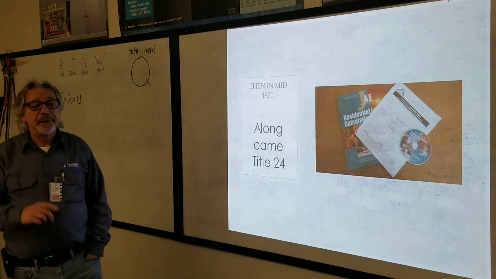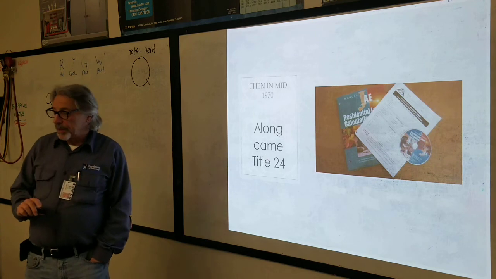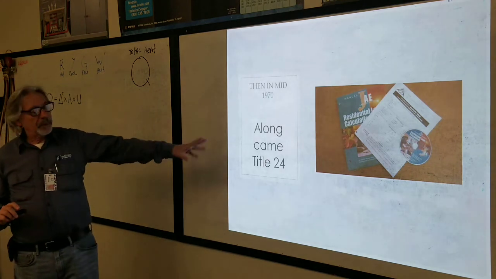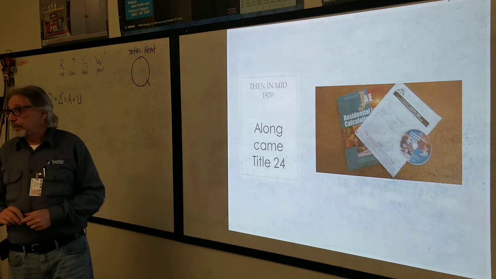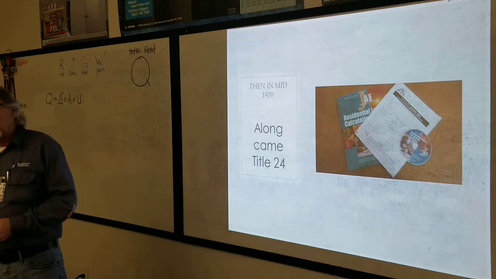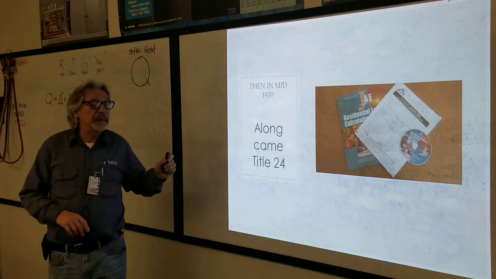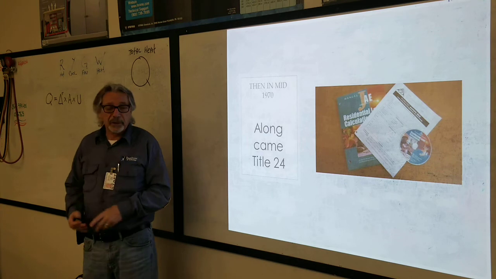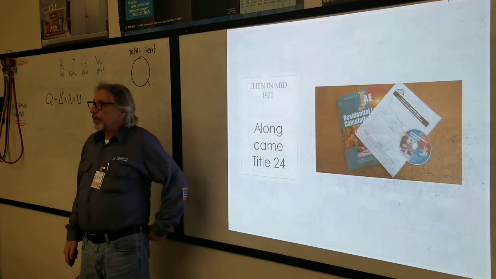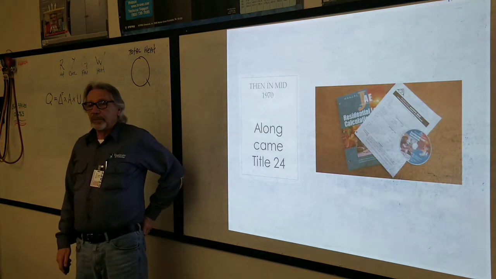And then what happened with the air conditioning, they came out with Title 24. Title 24 looked at the air conditioning units in the residential sector and said, we gotta do something about this. It's a lot of energy we're using here.